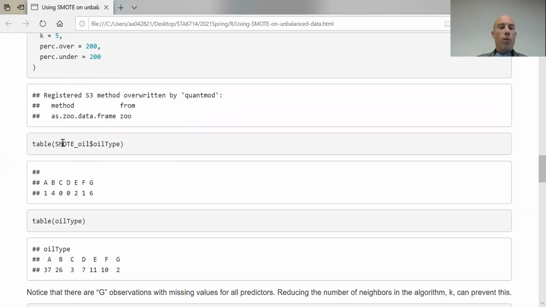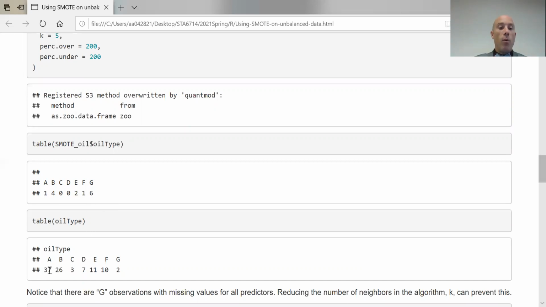All right, so the SMOTE algorithm generated data, and we can see that we have 1 A, 4 B, 0 C, 0 D, 2 E, 1 F, and 6 G. So we have more observations of G than we had in the original data, and we have fewer from the rest. So the SMOTE algorithm, using the default setting, will actually increase the minority case and decrease the non-minority case if we leave it as is.